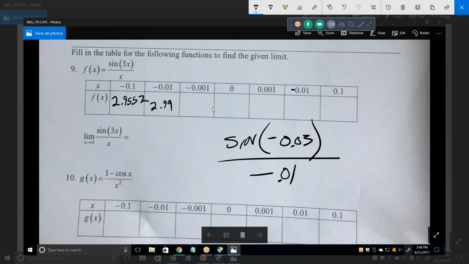It just says 3 point. And try doing that one. 0. What's going to be the problem? It won't exist because you're dividing by 0.